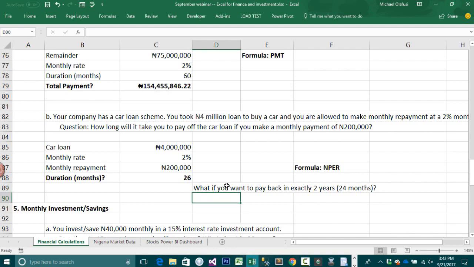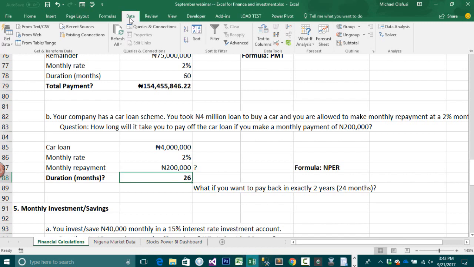That brings us to our friendly tool that I did, I think 2 months ago, or was it last month, in one of the webinars: what-if analysis. So let's do it together. What if I want to set this to 24? How much do I need to pay back? How much do I need to pay here to get 24 months? And remember, it's under the Data menu, What-If Analysis, Goal Seek.